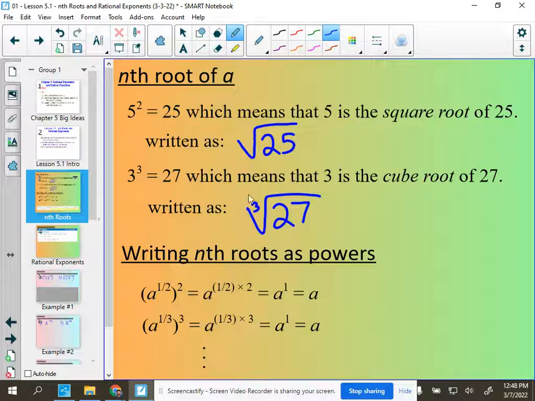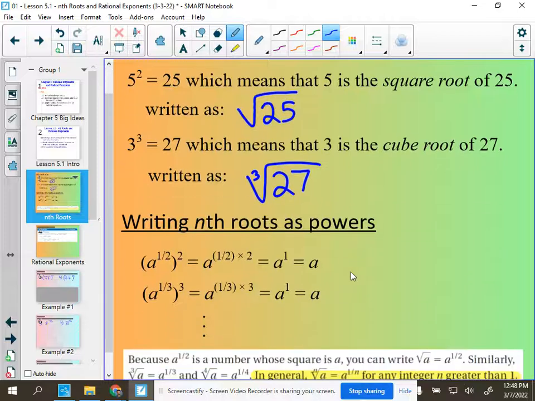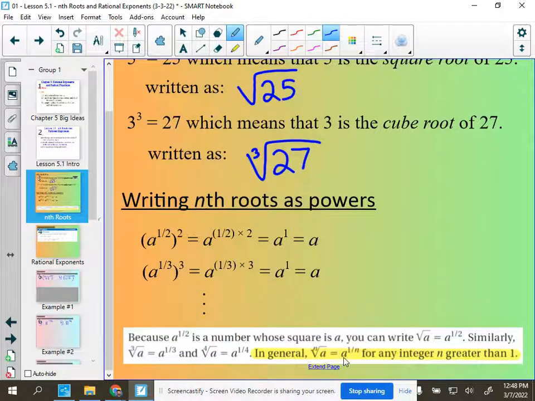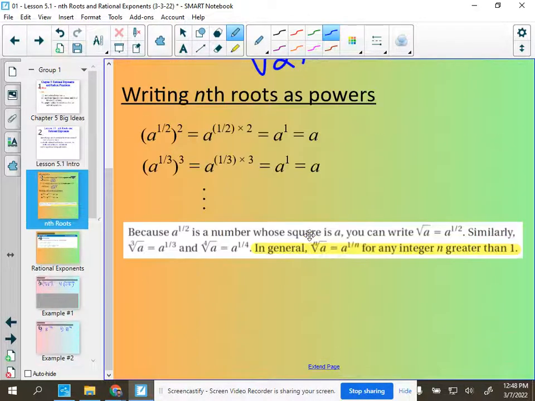We need to differentiate between square root versus cube root, fourth root, fifth root. This is what we call the index, to let us know what root we're actually taking. But 3 times 3 times 3 is 27, 5 times 5 is 25. Still, I don't know how much of this we need to add to our notes, just a little background on where we're going with this stuff.